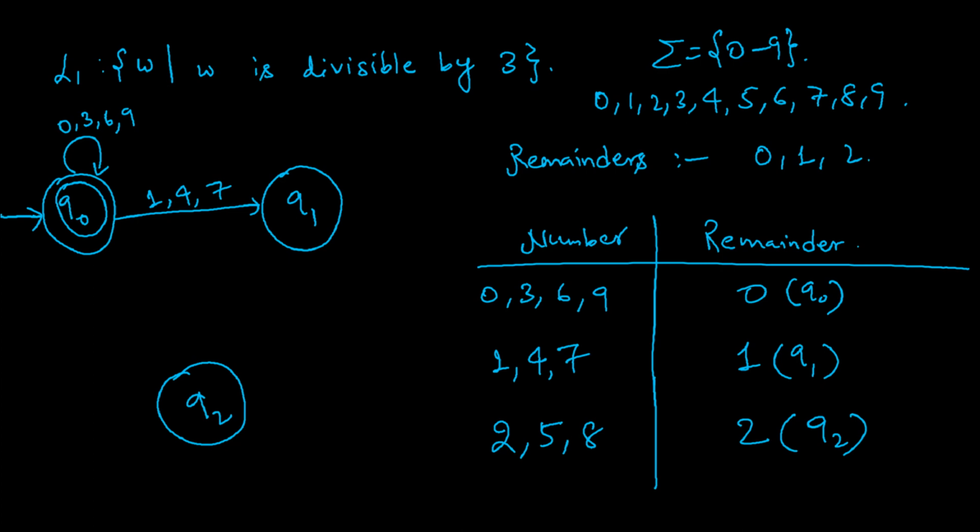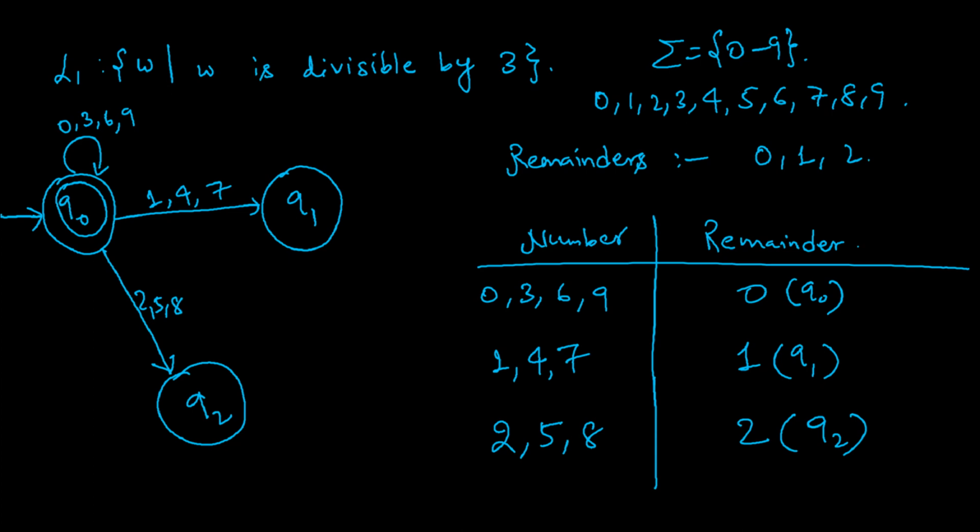Similarly, from Q0, if you see 2, 5 or 8, then you should go to Q2, because Q2 represents remainder 2. So for Q0, all possible moves are defined. The catch is how you will define the transitions for Q1 and Q2.